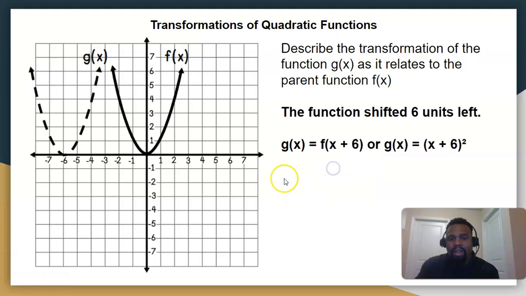So it's going to be g of x equals f of x plus 6. You can notate it that way, or you could say g of x equals x plus 6 squared. Both of these are really saying the same thing, because remember, f of x equals x squared, and if we substitute x plus 6 in for x, it'll be x plus 6 squared. So either way would work.